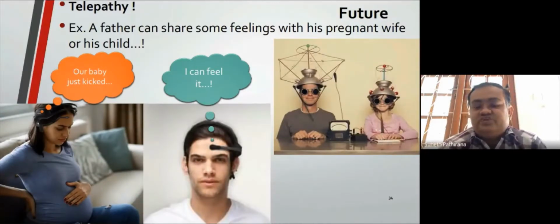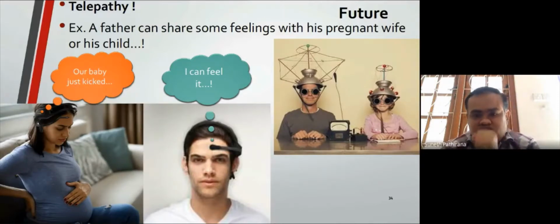Then the expected father, the husband, may feel the same feelings experienced by his wife. So they can have a mutual, better understanding. Or a father can understand his daughter's feelings if both are wearing these kinds of EEG headsets or any kind of technical devices.